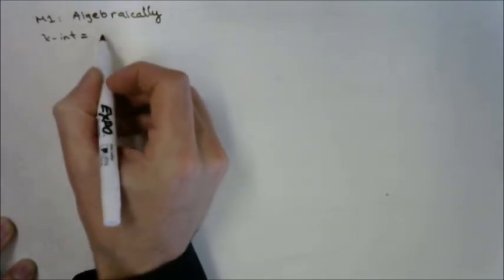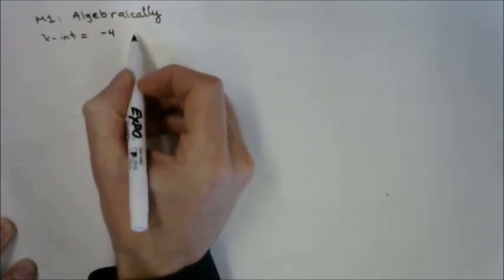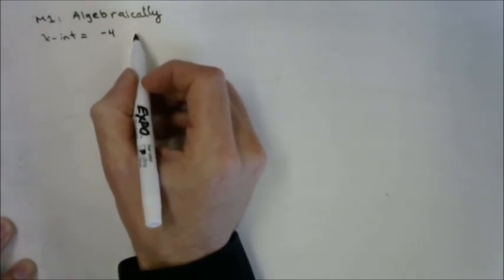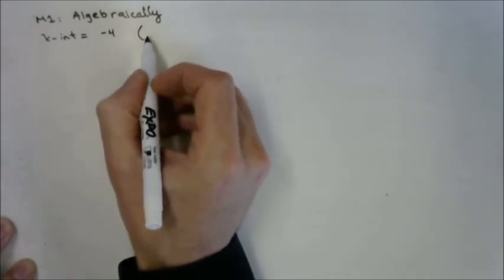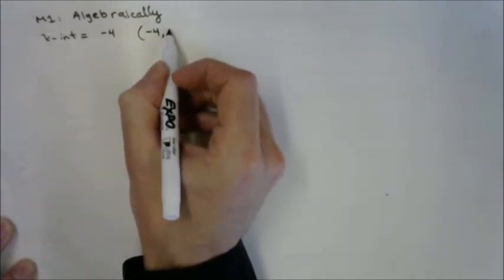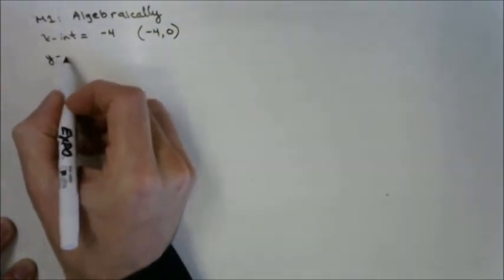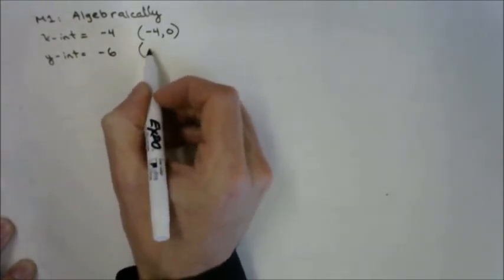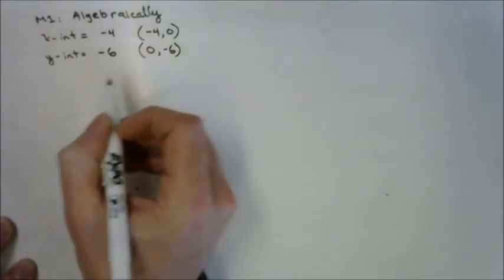If the x-intercept is negative 4, then what point do we know is on the line for sure? Negative 4, 0. If the y-intercept is negative 6, then what point do we know is on the line? 0, negative 6.